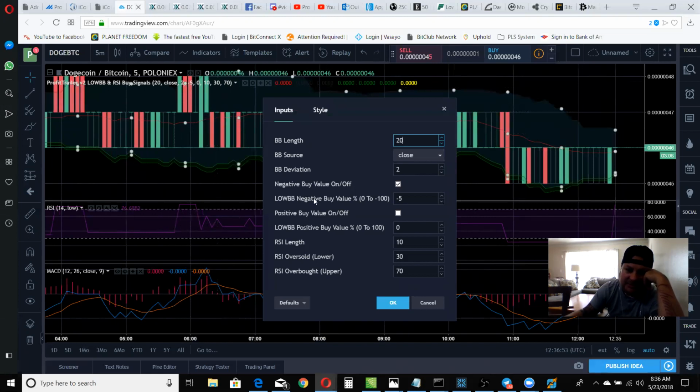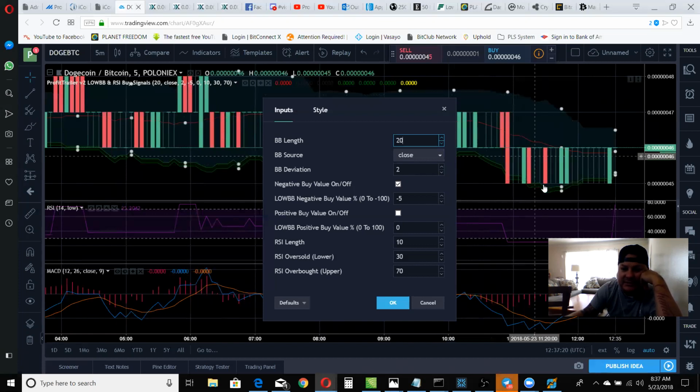The low Bollinger Band gives me a buy signal when it's at -5, pretty much when it drops 5 below. So the low Bollinger Band here, high Bollinger Band up there. But -5 is this little green line, so it's -5 below 0.